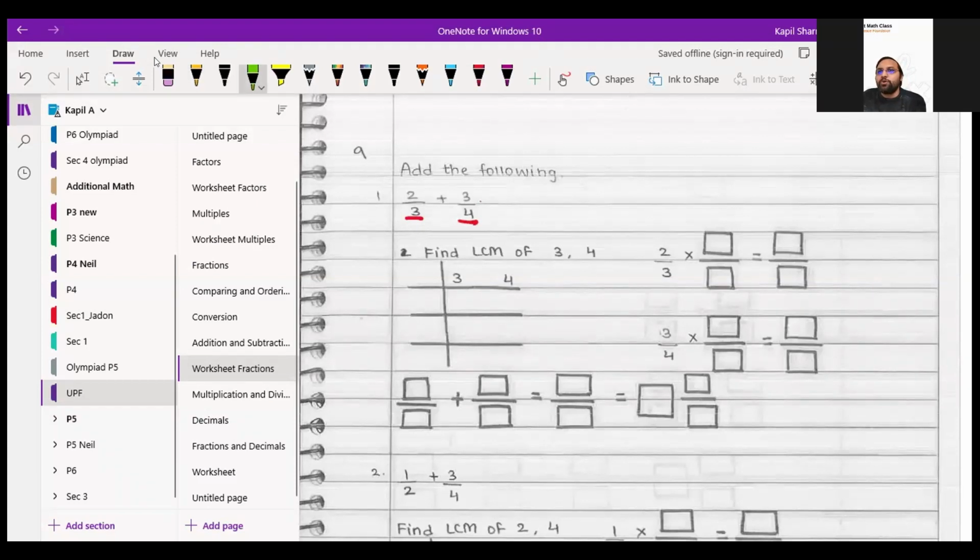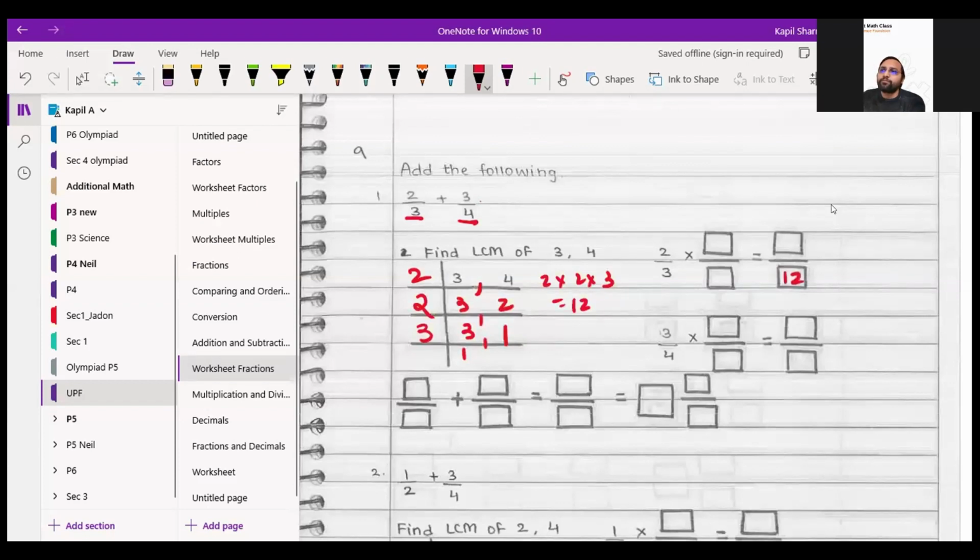So our first job is to convert these into equivalent like fractions. How do we do that? We find the LCM of the denominators. Here 3 and 4, you can easily find the LCM. So LCM would be 2 times 2 times 3, which is 12. So that means the common denominator would be 12.